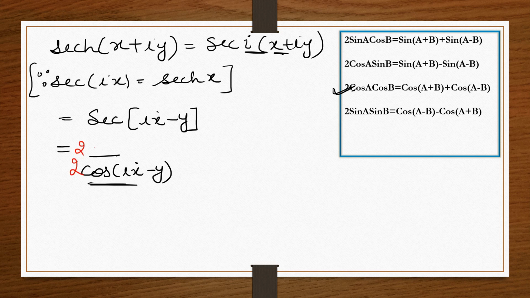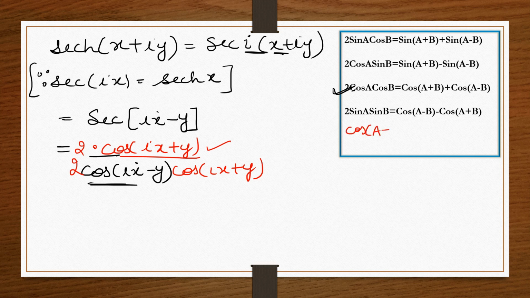Okay, and here we'll write cos iota x plus y, multiply and divide with this. Fine. And here in numerator apply cos A plus B formula. Let me write it here so that you can use it. Just apply this. So cos A cos B minus sin A sin B.